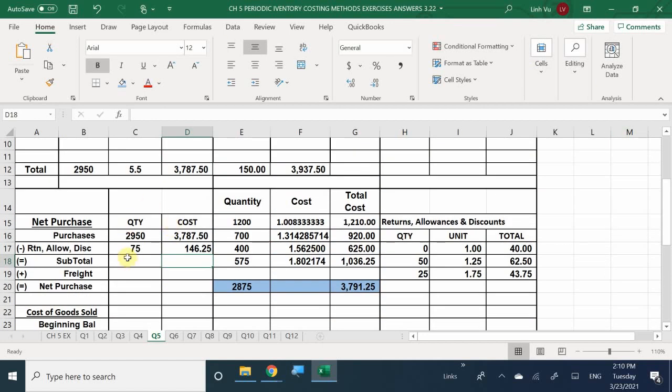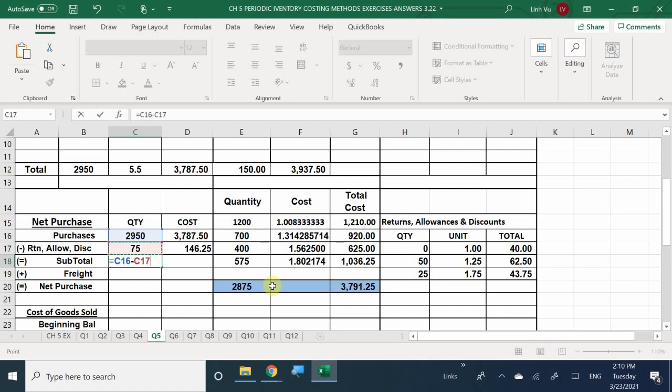Okay? Because we returned this, our assumption is we no longer have it anymore. So therefore, when we solve for our subtotal, it's going to be your original purchases, subtract your returns and allowances. So in this case, I'm going to take 2950, subtract 75 to get a grand total of 2875.